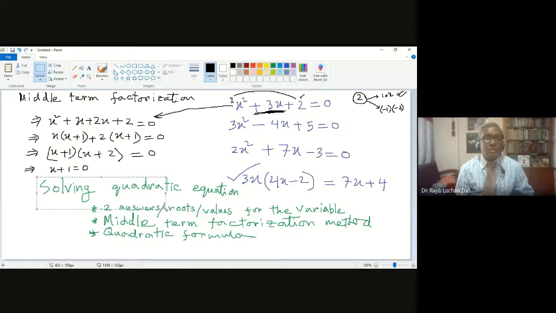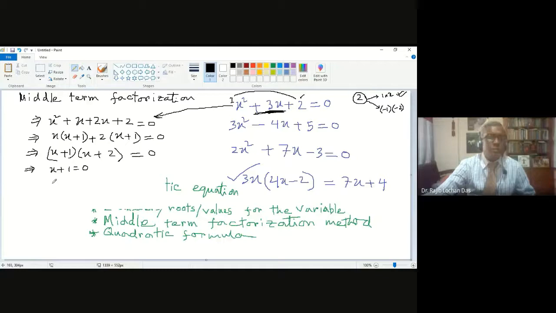Okay, x plus 1 equal to 0, so that it will be -1, or you can write the second option also. So let us complete this first. It is next line x equal to -1, or you can write the other factor. Other factor is x plus 2.